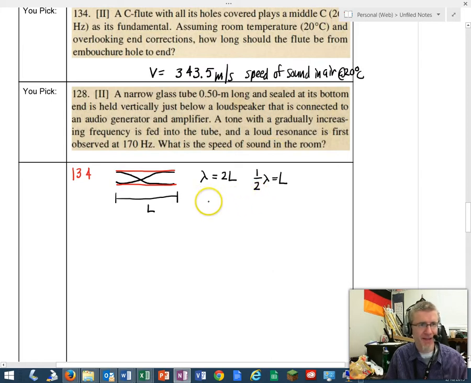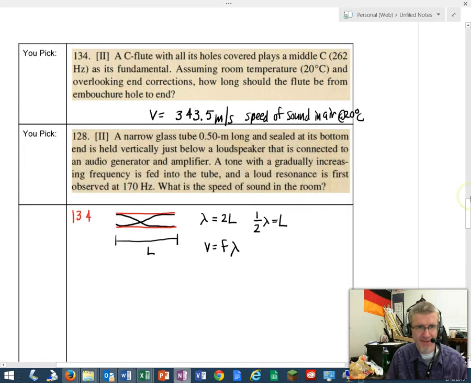So if we're asking how long the flute should be, we're really asking what the L should be. We know that the velocity of sound in air is frequency times wavelength. We know that the frequency here is 262. So how long should the flute be from embouchure to end?